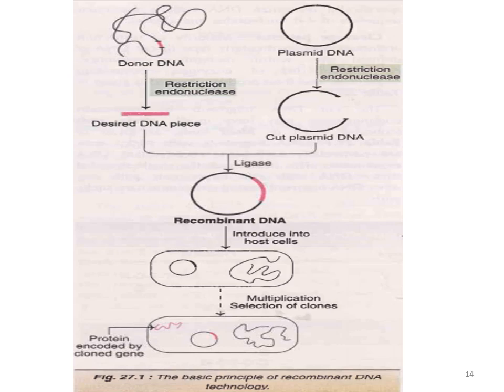In this bacterium, the recombinant DNA is expressed to form the desired protein. So this recombinant DNA encodes the protein synthesis. These are the required proteins, or the proteins having the characteristics of our own requirement.